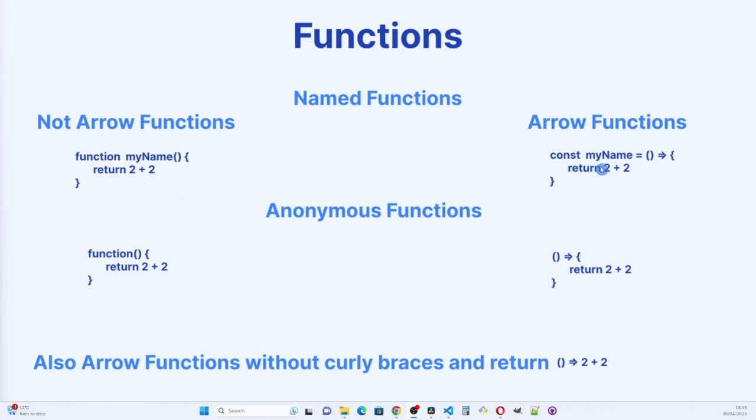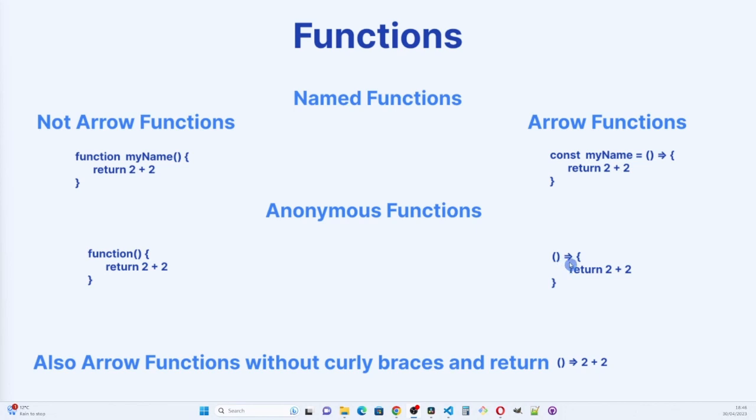In this one we're using an arrow function. You just have brackets. You don't have the keyword function, and you have an arrow, and then you have the normal curly braces and return 2 + 2. But in this case you assign it to a constant called myname. On the anonymous functions, a normal function just doesn't have a name, but in this one you just don't have the keyword function.